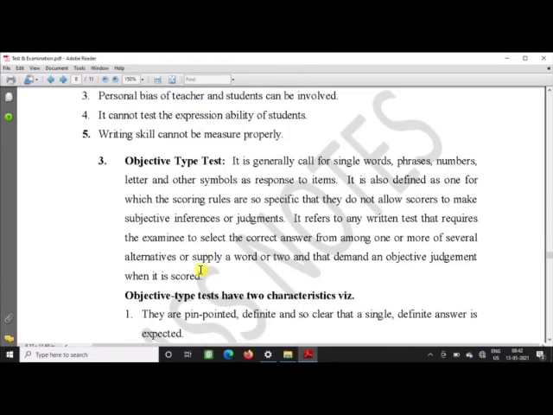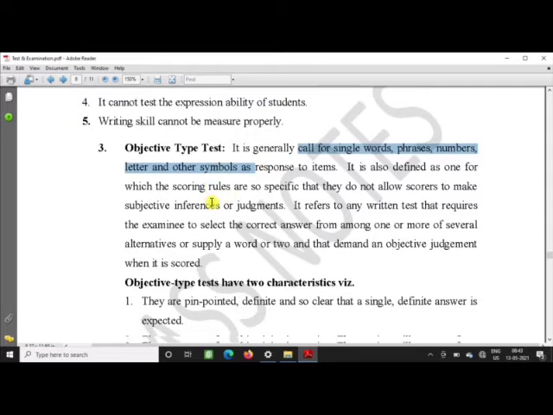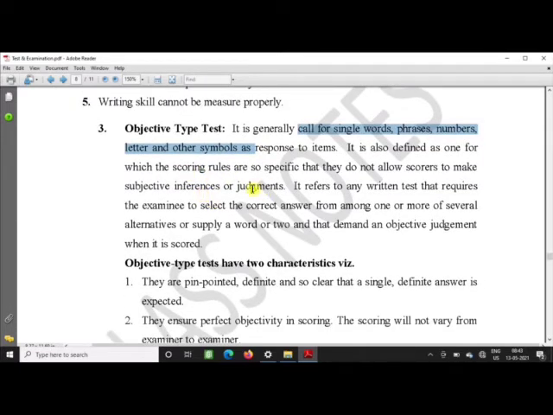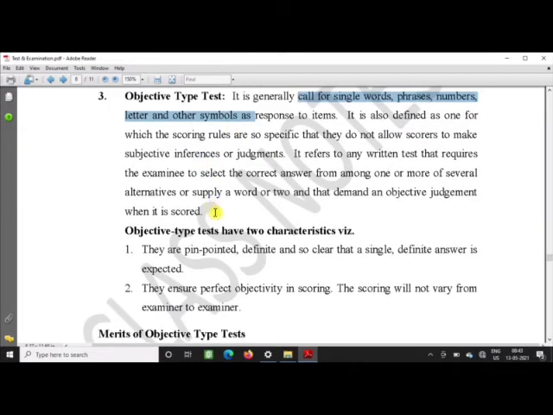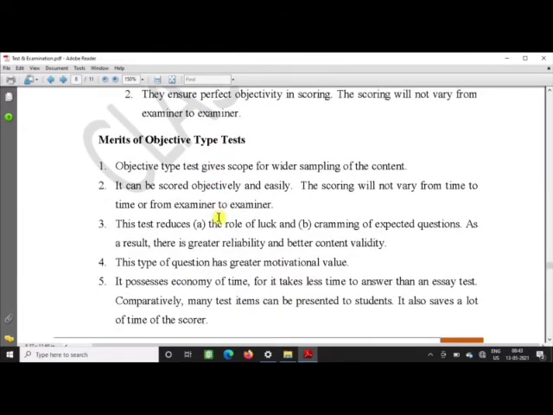This also comes under short answer type questions, and generally it is called single word, phrases, numbers, letters, and other symbols. You can respond in these ways. Scoring of objective type questions or short answer type questions is very easy.